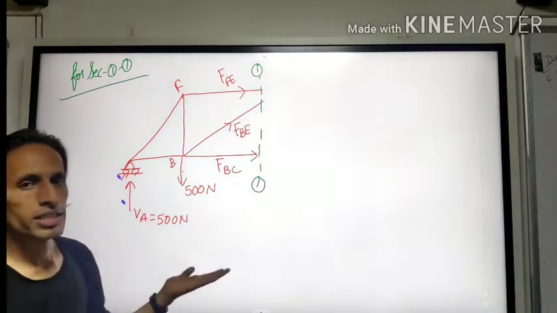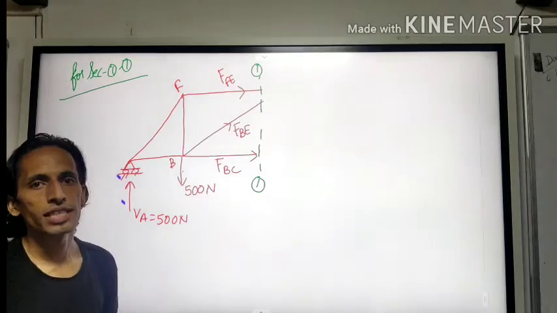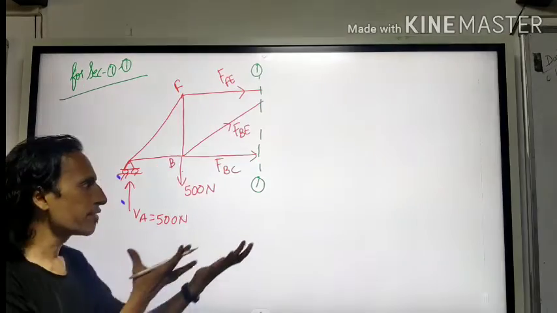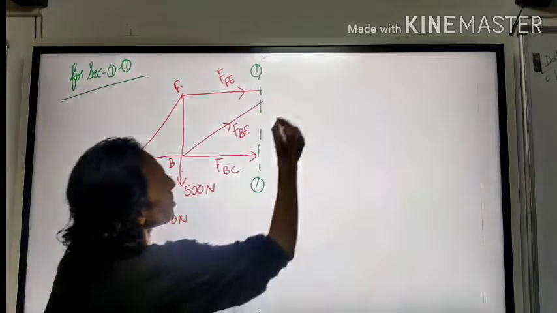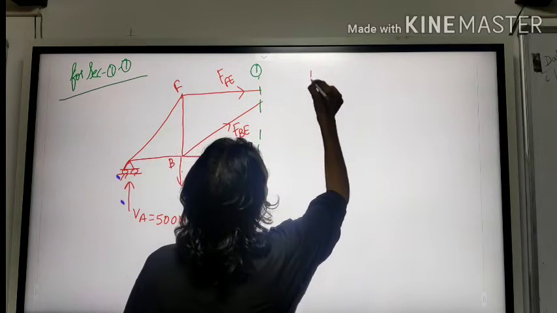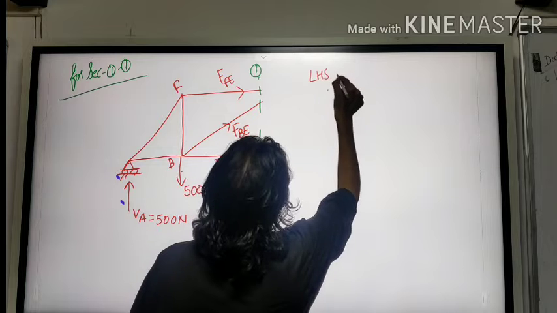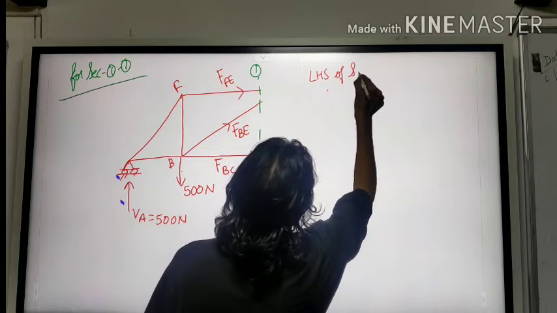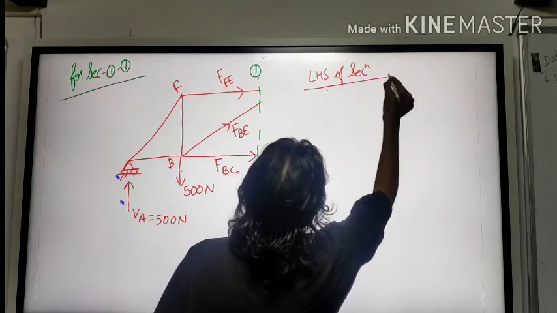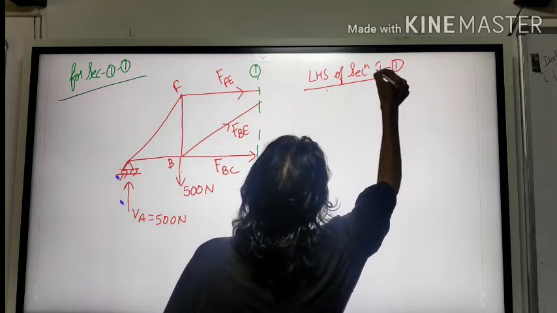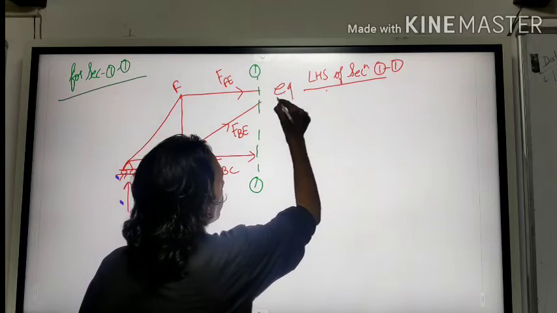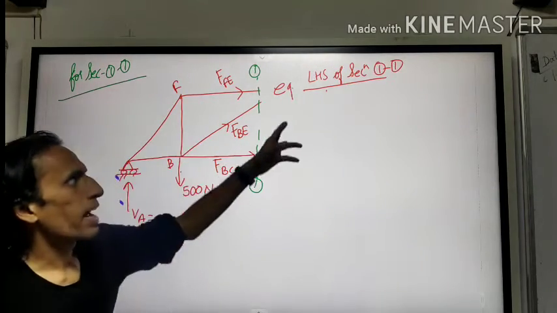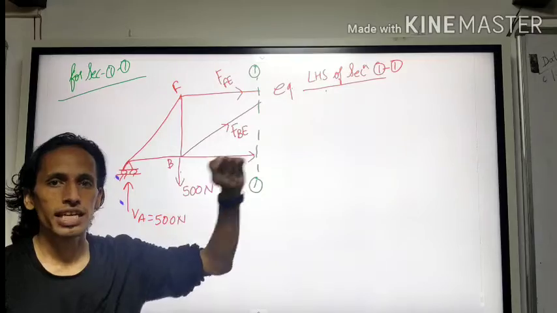So this is one half of the section, the left hand side of the section. I am considering equilibrium at the left hand side of the section.